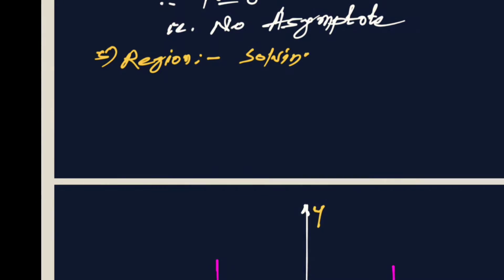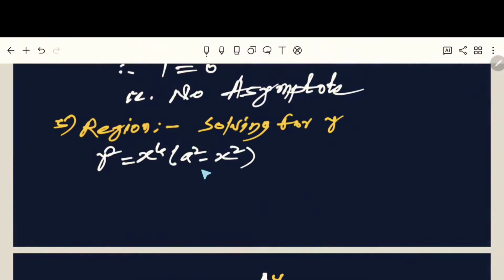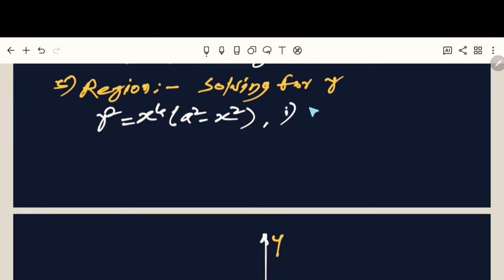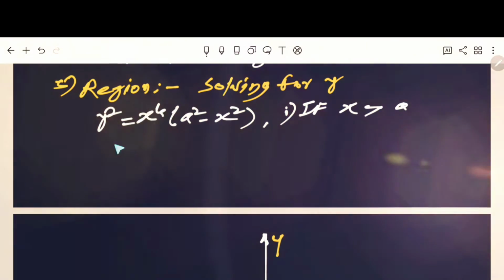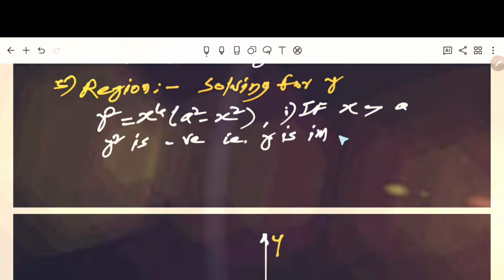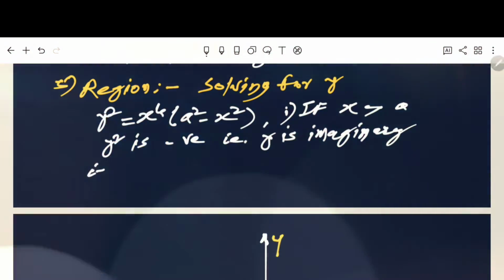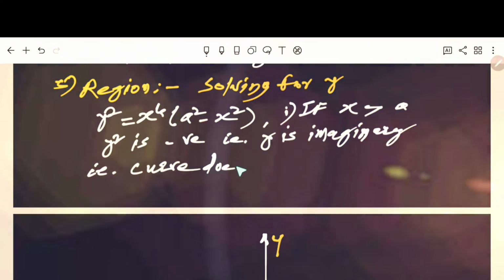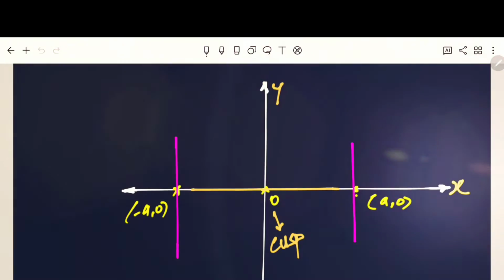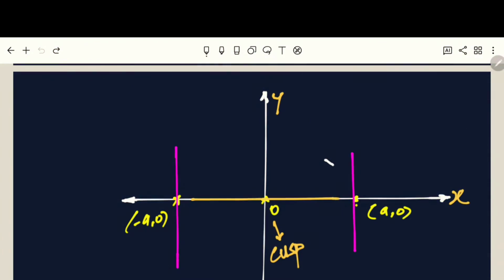Then the last point is the region. Solving it for y, we get y square equals x raised to 4 into a square minus x square. If x is greater than a, y square is negative, means y is imaginary, that is the curve does not exist for x greater than a, means for x less than minus a also the curve does not exist.